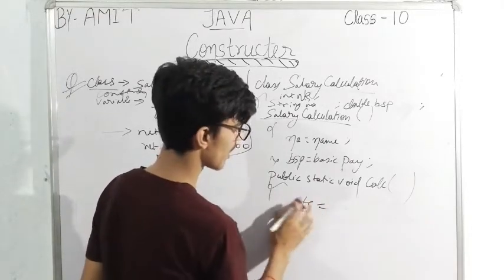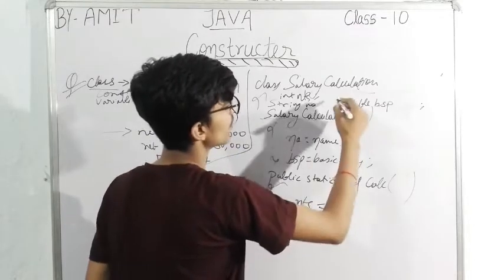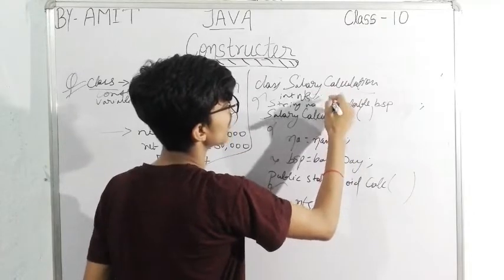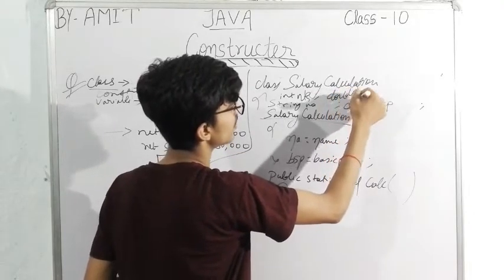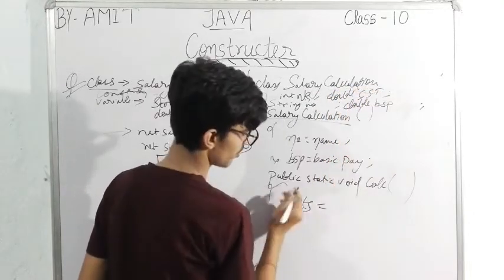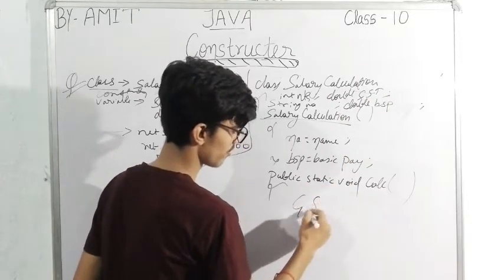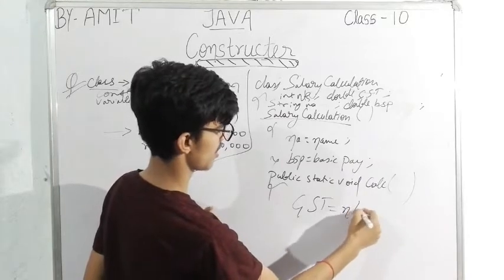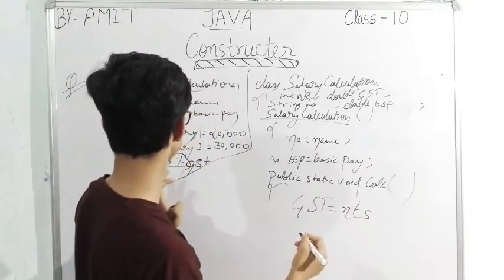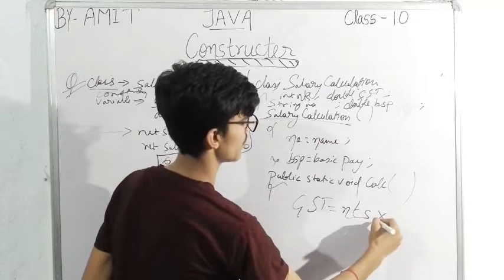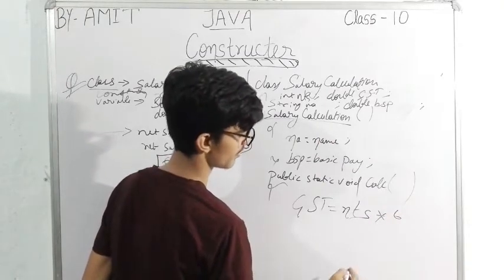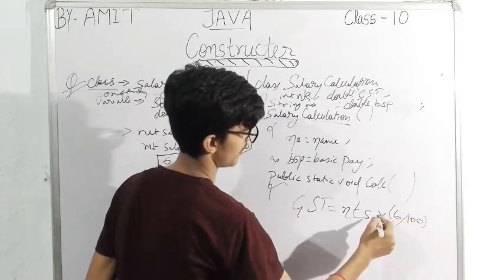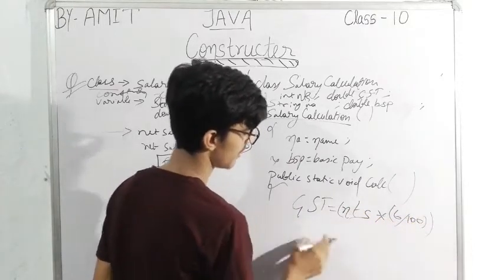NTS will be the input, and then double GST. So GST is equal to NTS, net salary, into 6%. This will be GST.